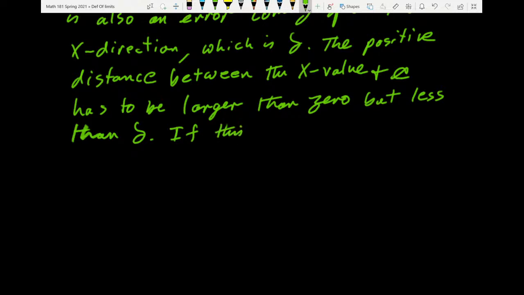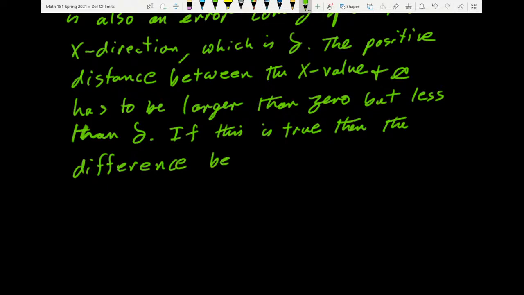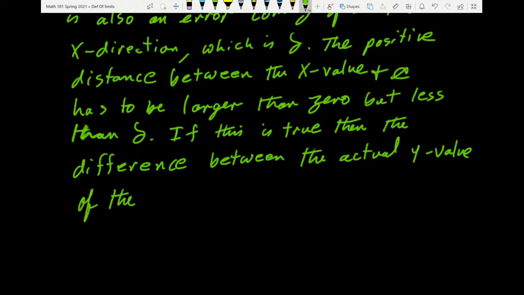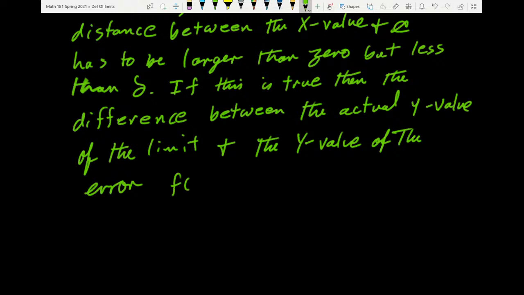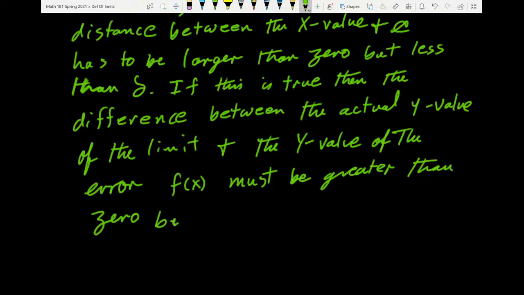If this is true, then the difference between the actual y value of the limit and the y value of f of x must be greater than 0 but less than epsilon.